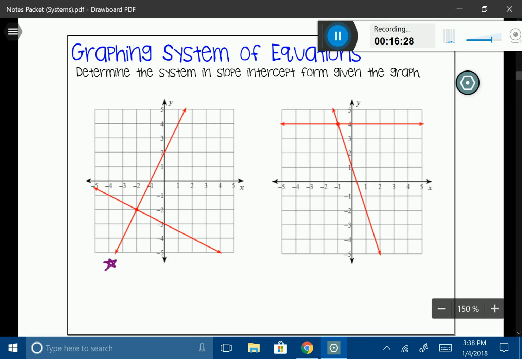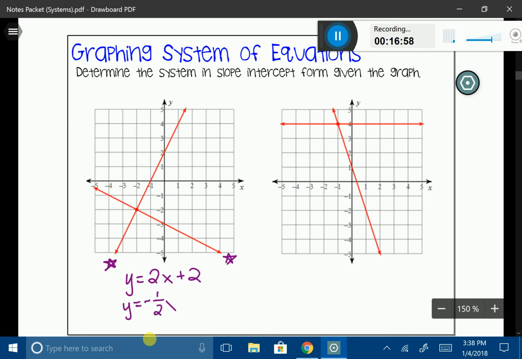So y is equal to, I have to figure out what my slope is first. So it looks like my slope is going to be 2, so 2x, and then my y-intercept is 2. And then if I hop over to the other one, it looks like I have a negative slope here. So y is equal to negative 1/2 x minus 3.